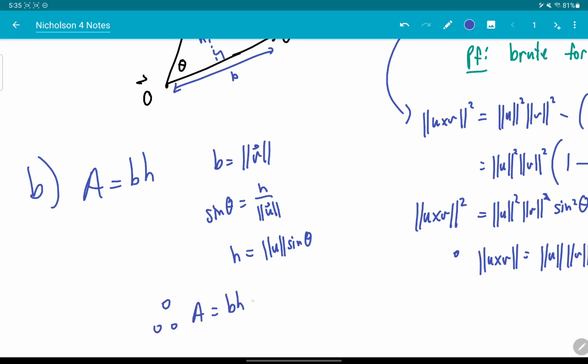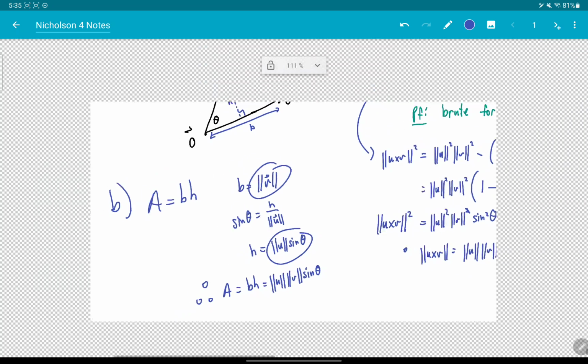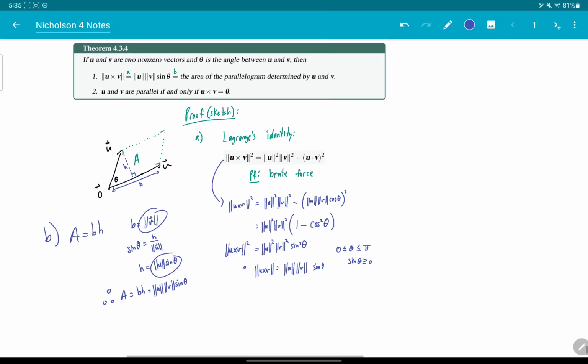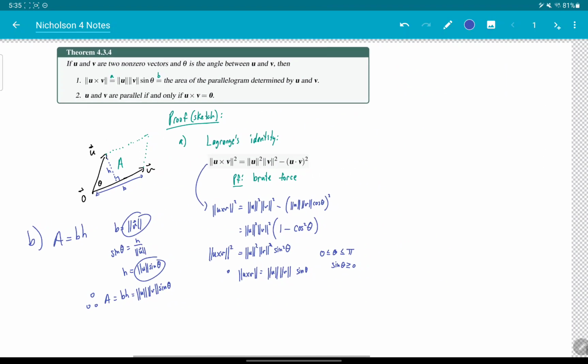So area being base times height is this times this, exactly as we want. Okay, so that's part one of the theorem.